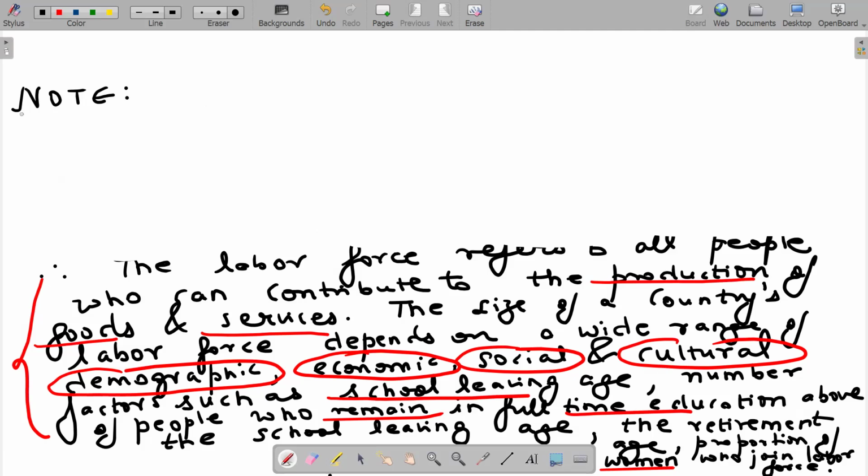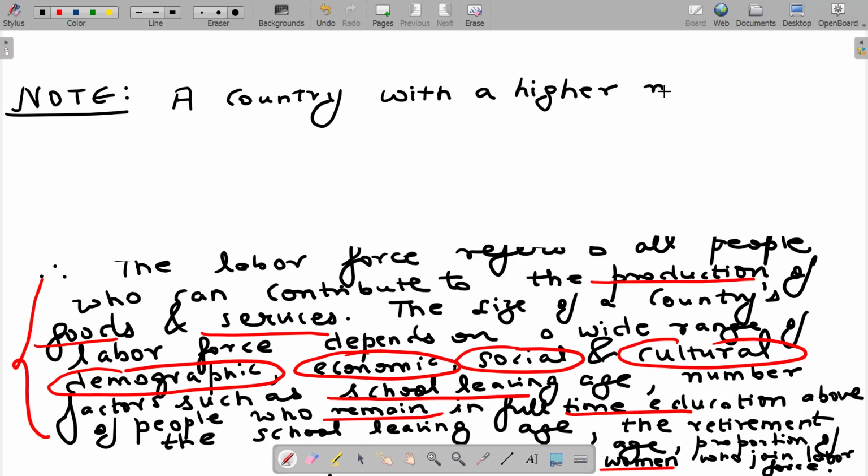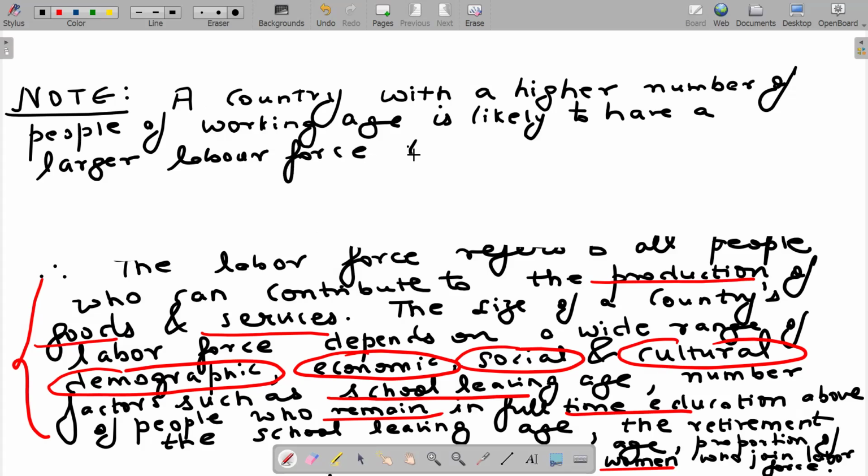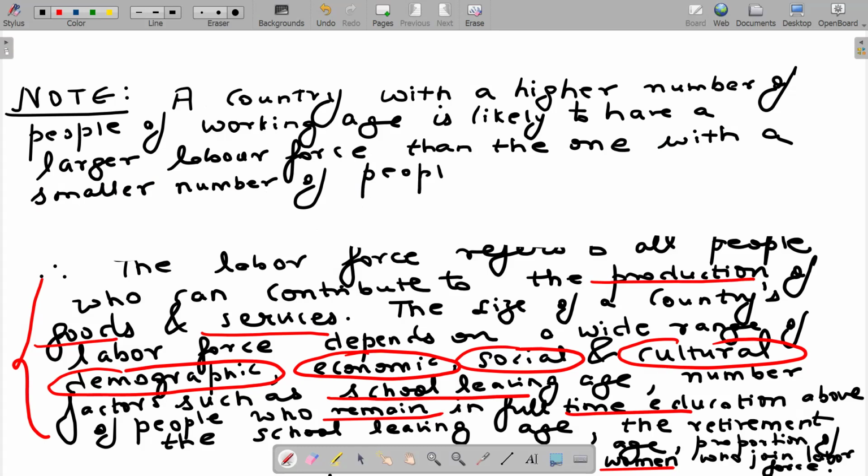Let me write a note here that a country with a higher number of people of working age is likely to have a larger labor force than the one with a smaller number of people of working age.